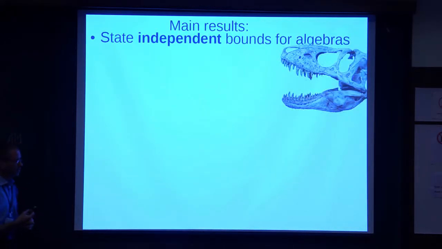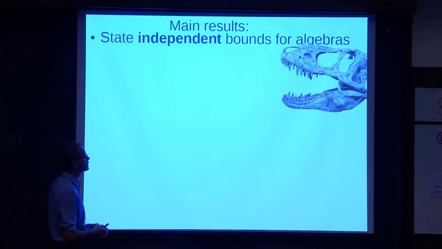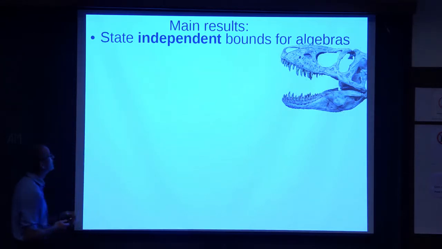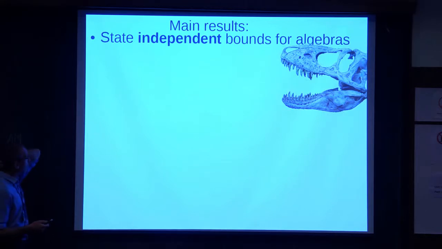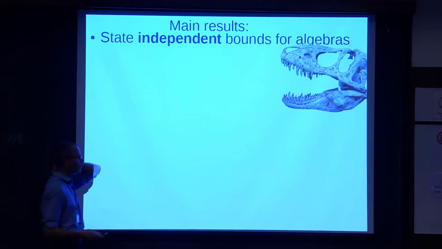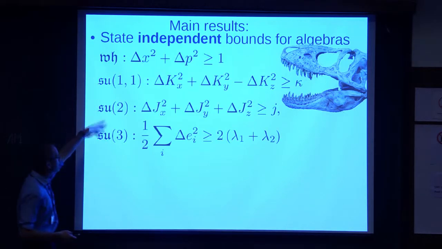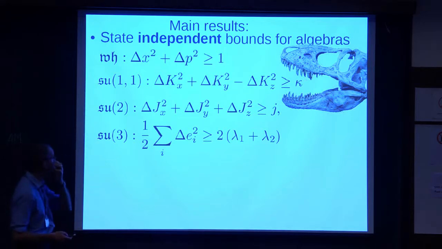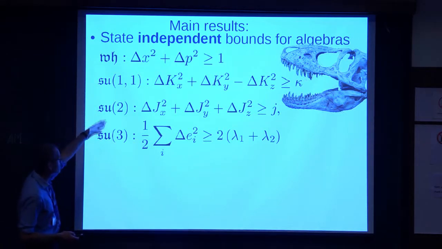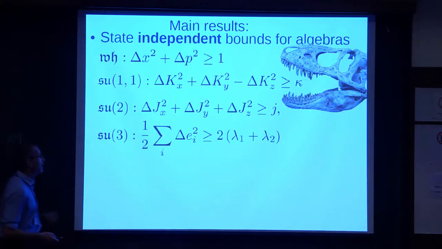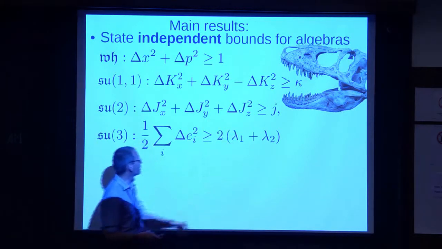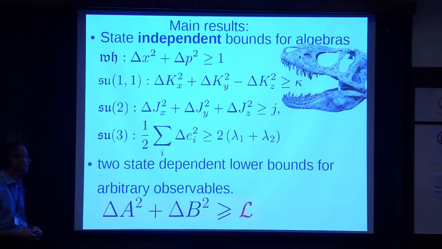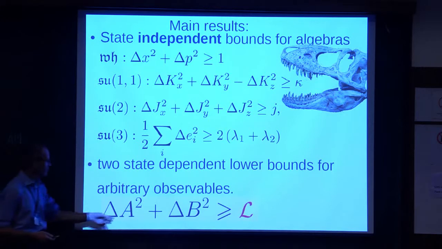So what are the main results we managed to derive regarding the sum of the variances? Well, we have some state-independent bounds if the observables form an algebra. I'm going to go through these in more detail, but we have results for some algebras, and the lower bounds are state-independent, and we have state-dependent bounds for arbitrary observables.